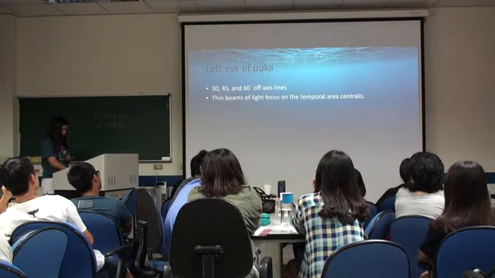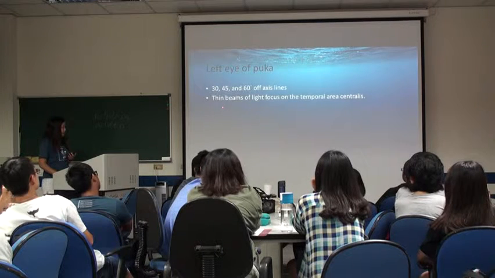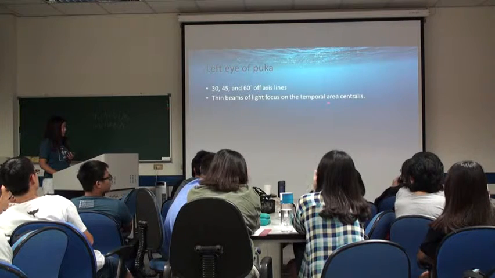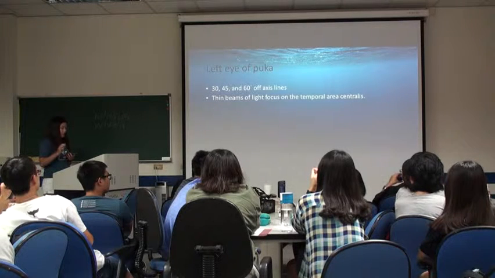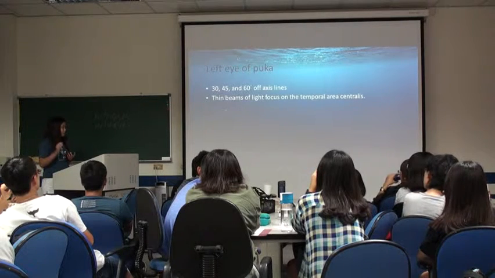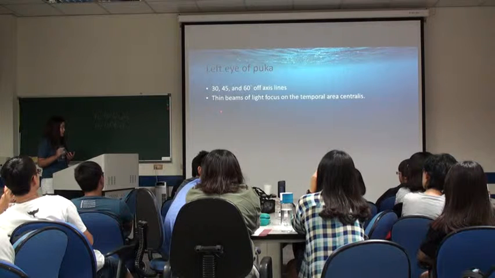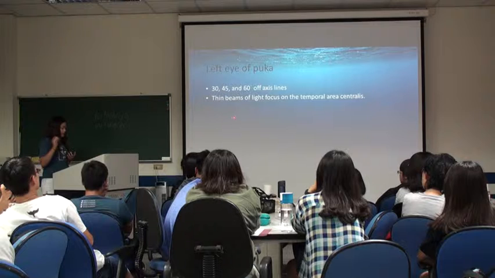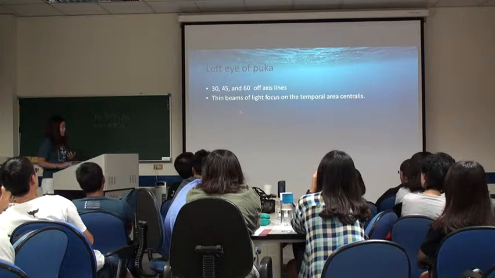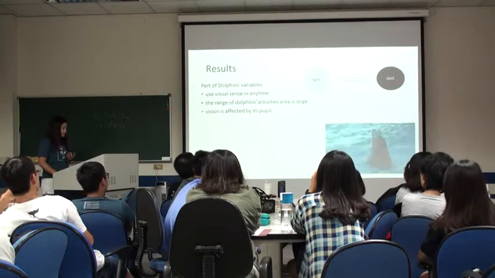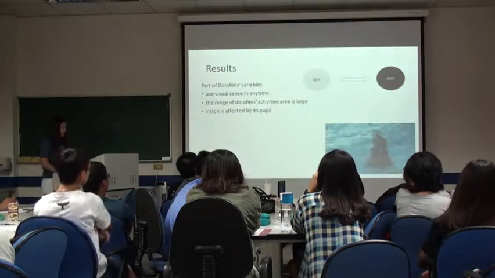And we find that the thin beams of light focus on the temporal areas centrals, which means when the dolphin contracts its eye pupils, they will become a thin shape, and the light will focus through the ring shape, but not the total pupil.